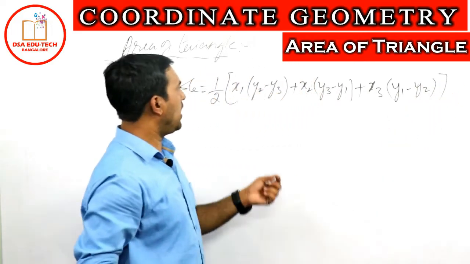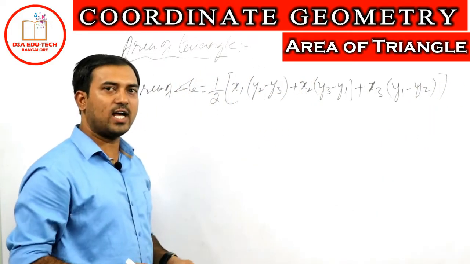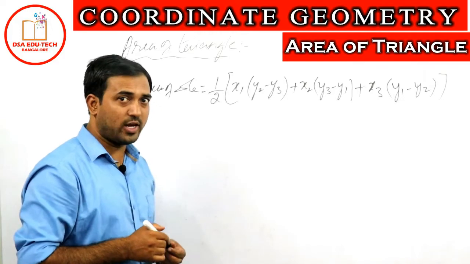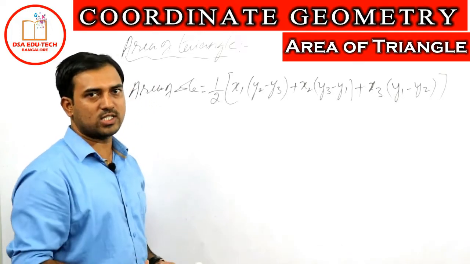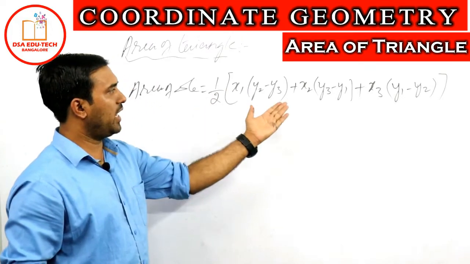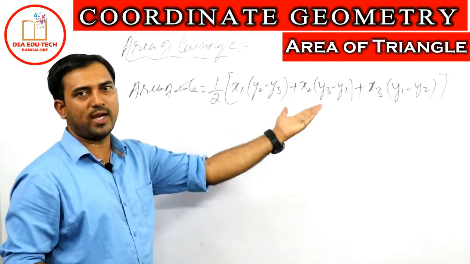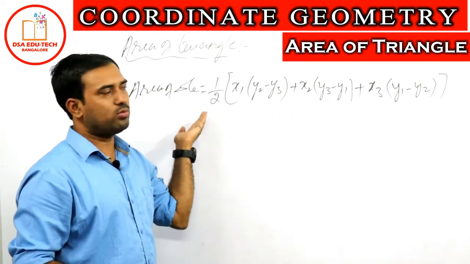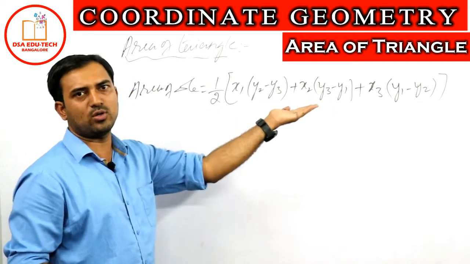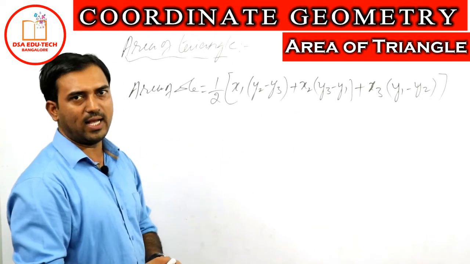So this is the formula to find the area of a triangle in coordinate geometry when the 3 vertices are given: x1, x2, x3, y1, y2, y3. So 3 points would be given, just substitute into the formula and get the answer easily.